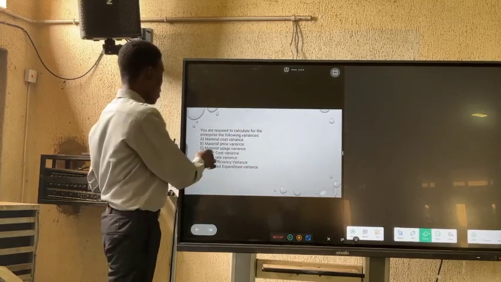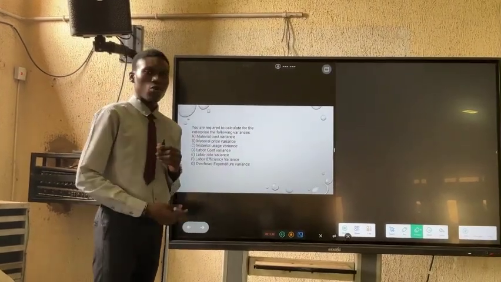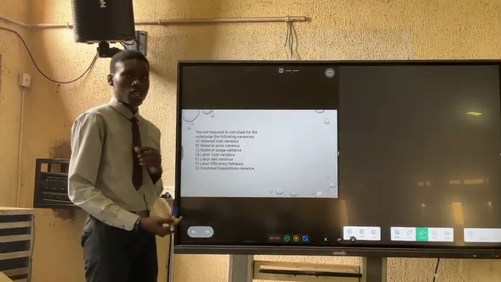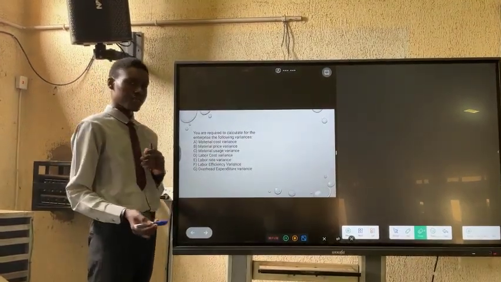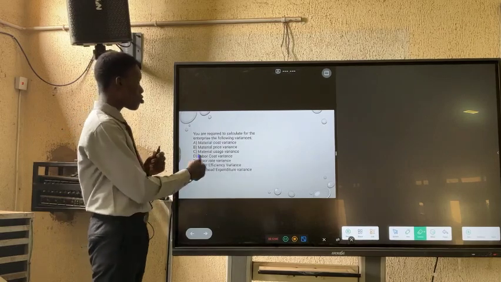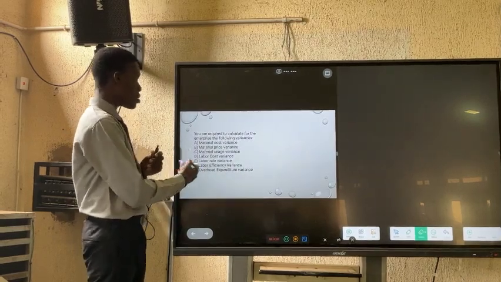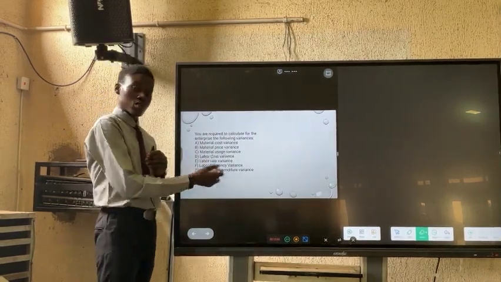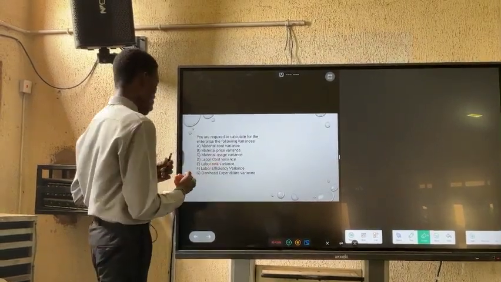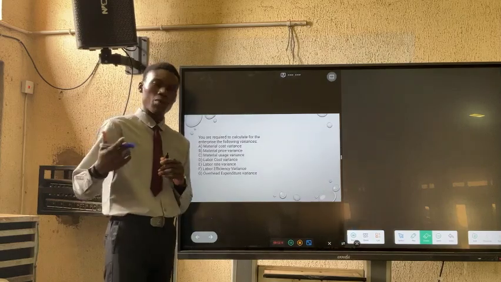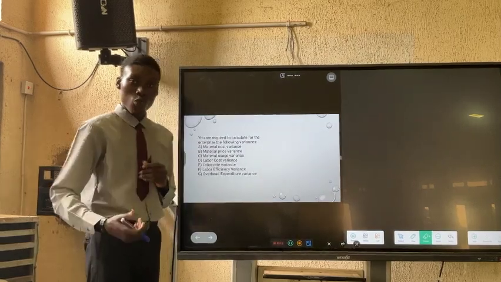So now, labor cost variance. Labor cost variance, like material cost variance, is the addition of labor rate variance and labor efficiency variance. Do you understand? So what's the labor rate variance? Labor rate variance is the amount that was set for payment of workers in the course of production.